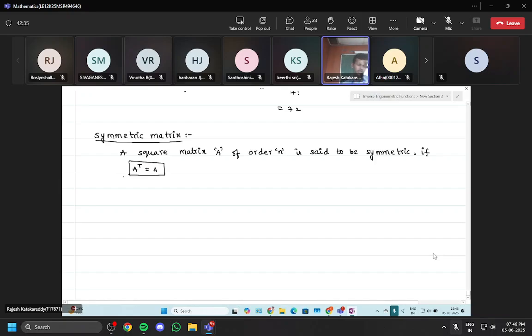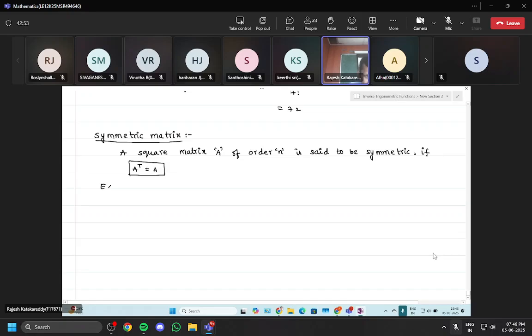Clear? I forgot to mention earlier, if you take the transpose of an identity matrix or of a null matrix, you will get identity and null matrices as well. Clear?